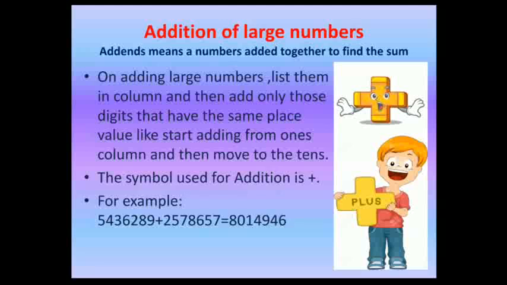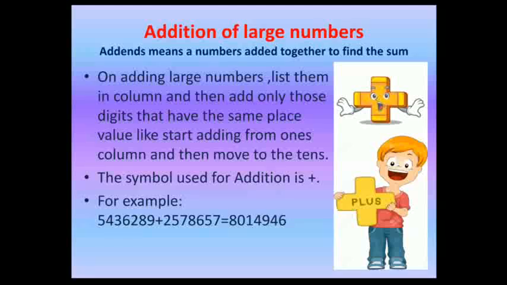Now let's discuss one example. 54,36,289 and the second number is 25,78,657. When you add these two numbers, you will get the answer, that is 80,14,946.